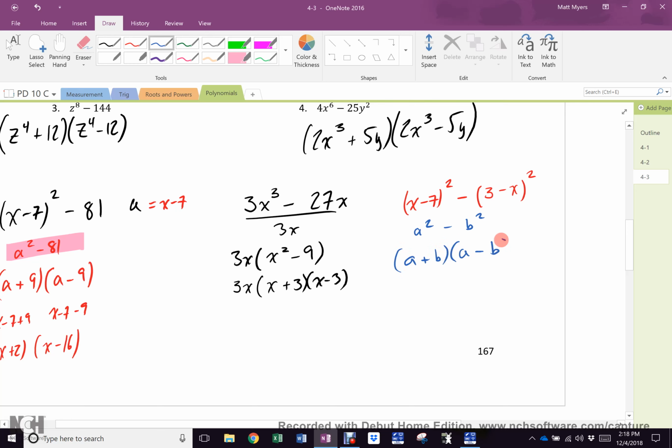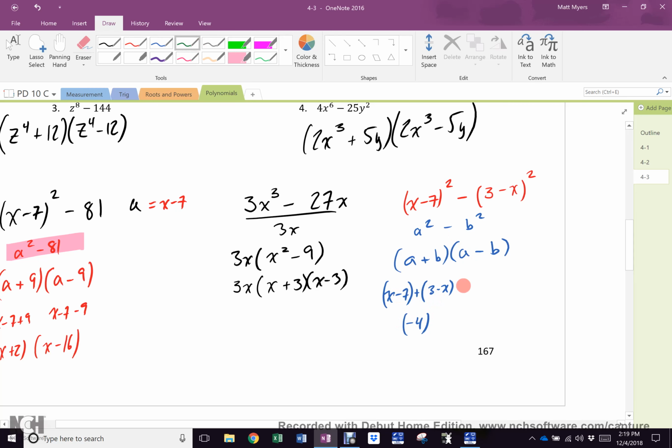A minus b. What's a? X minus 7 plus, what's b? 3 minus x. What's x plus minus x? Nothing. 0. What's negative 7 plus 3? Negative 4. That's your first factor.